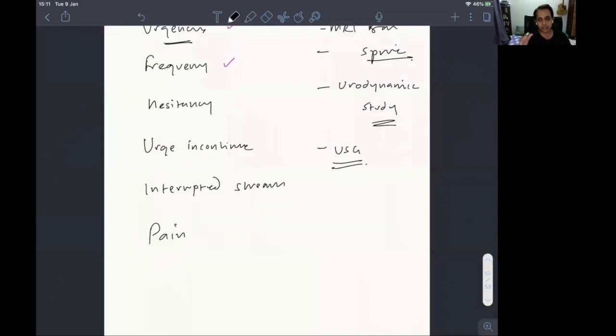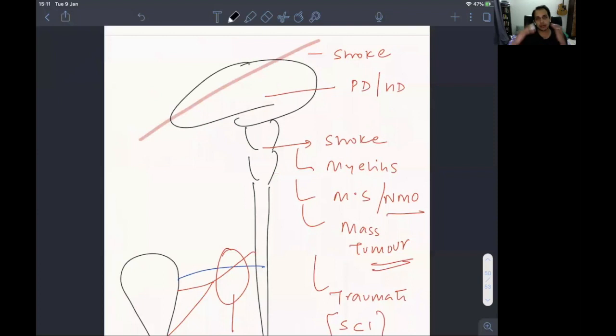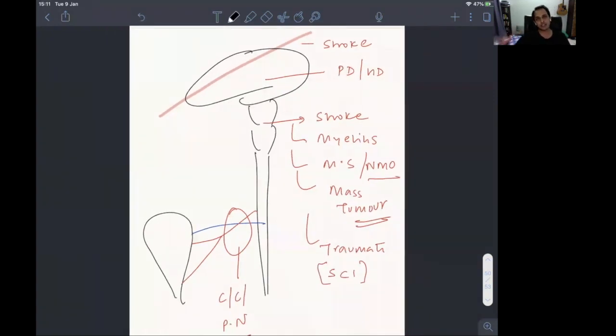Now, one important thing that I need to tell you is that just based on bladder history alone, it is very difficult to localize. So while it is important that you know the anatomy, you know how the network functions, it is very, very important to take a very good history and examination to look for localization that is not based on bladder. So if it is a stroke, you will have weakness, you will have some cortical dysfunction, even in subcortical lesions or anywhere in the neuroanatomy, there will be something else.